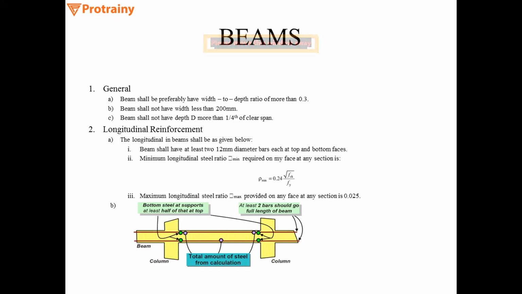If 2 bars go throughout the column, that itself says it is a continuous beam. And when the bar goes continuously through the column to the other side of the beam, this creates a mechanism of continuous beam within the column and beam junction.